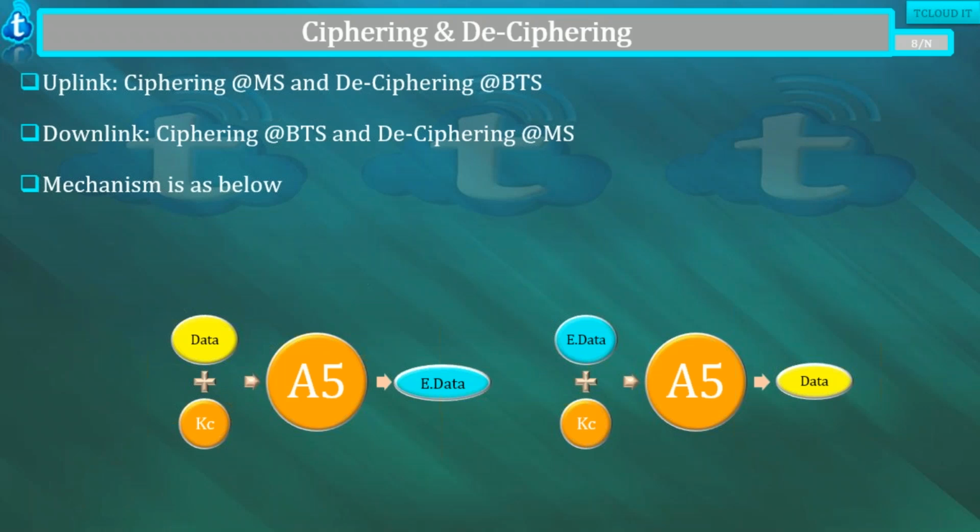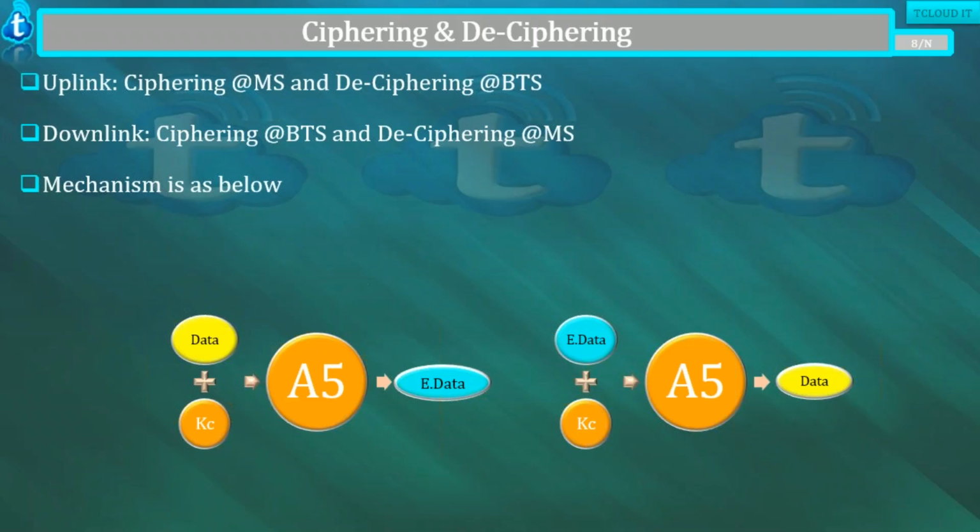How this A5 security algorithm works, how this ciphering and deciphering takes place, we don't care. That is a very big mathematical process, which we will understand to a level when we are studying LTE algorithms. But even in LTE, we'll never go deeper there. We will learn only to the highest level possible, because the deeper level is really, really high.